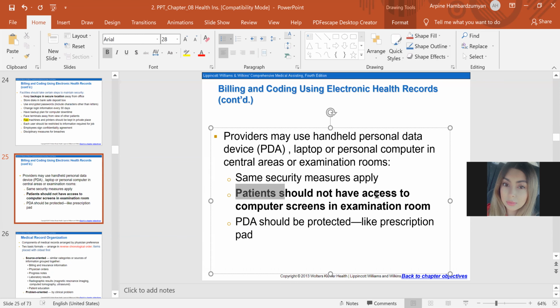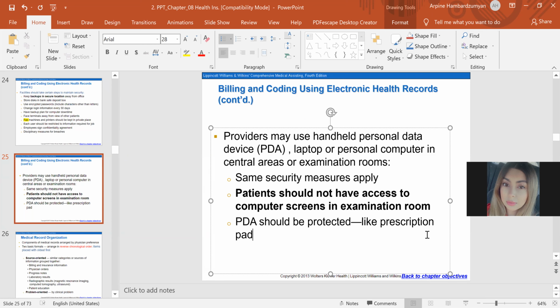So patients should not have access to the computer screen in the exam room. If you have ever gone to a doctor appointment, when you enter the patient room as a patient, you remember the medical assistant comes, opens the computer, puts in their password, and writes what allergies you have, what medications you are taking, your chief complaints, whatever information they possess.